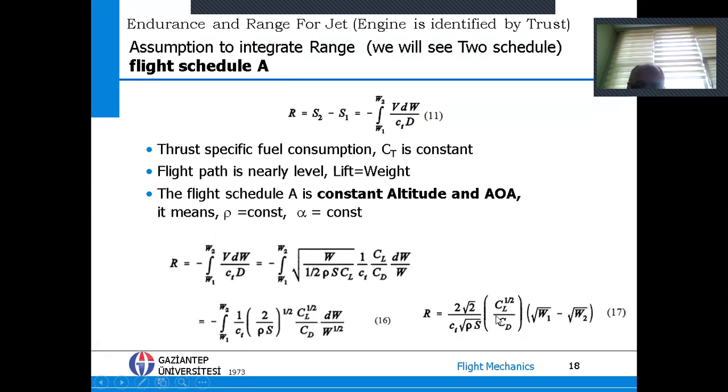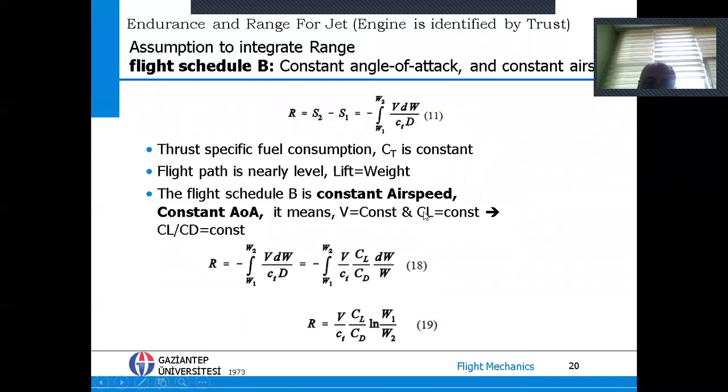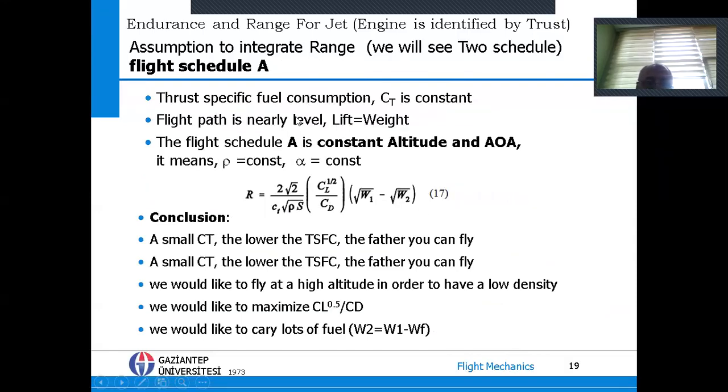Again, we need to discuss how we can maximize range. This is schedule A, this is the assumption, and this is the range equation under this assumption. And here we have the conclusion. A small CT, what is CT here?